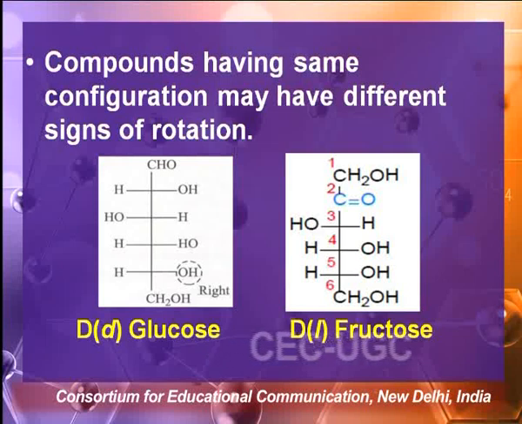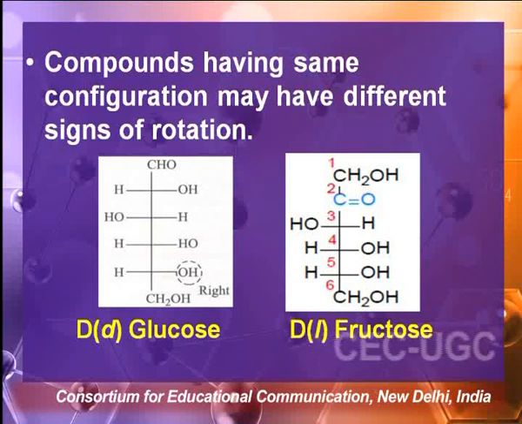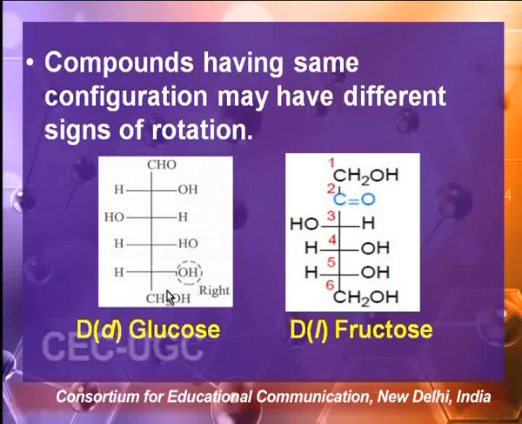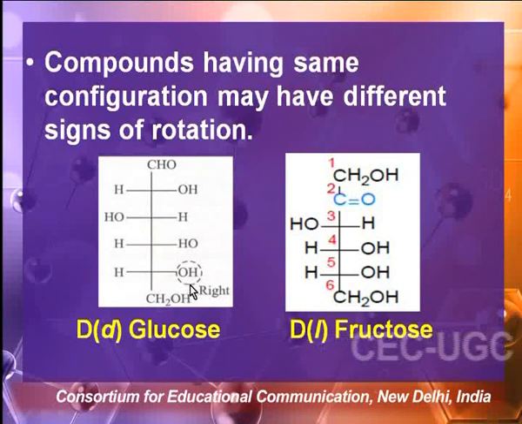So here again I have shown that there are certain compounds which have same configuration, and if they are having same configuration, they may have different signs of rotation. So what we mean here is that, see, when we talk of D-glucose, I am talking of the capital D here, it has OH on the right hand side at the highest numbered asymmetric carbon.